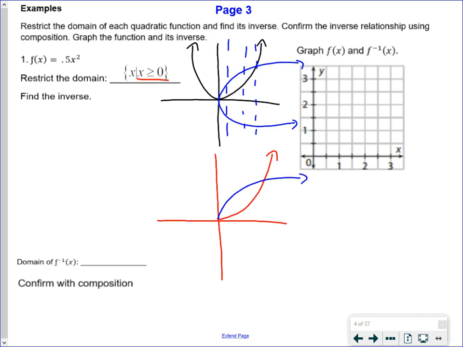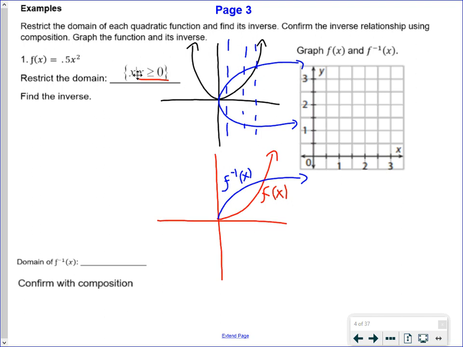So that blue one is our f inverse, and the red is our restricted f of x. So that's why we're restricting the domain for x to be greater than or equal to 0. Because when we restrict it to basically half of the quadratic, when we take the inverse, it stays a function. A function has to be able to pass that vertical line test we talked about, because if it doesn't pass it, it's not going to be a real function.